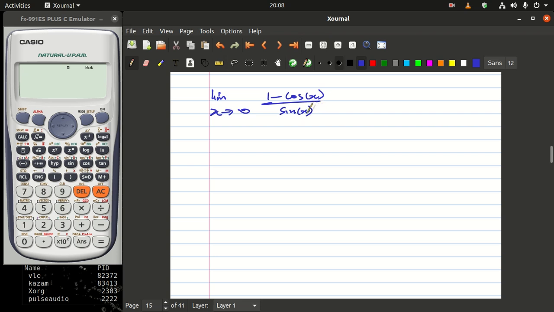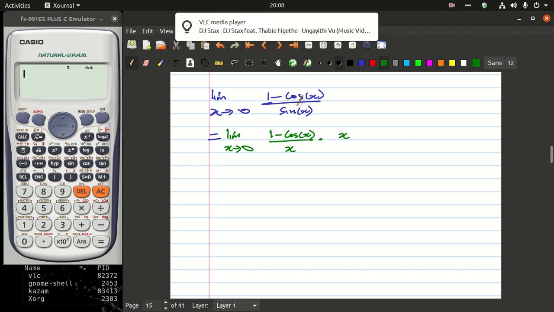I don't know how to deal with this. But all you need to do here is manipulate this function to look like what you know. 1 minus cosine of x: I'm going to divide this by x because I know its limit. Because this x was not there, I'm going to multiply by x, so that when I cancel this x and that x, I end up with that.